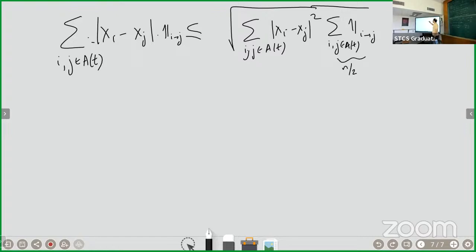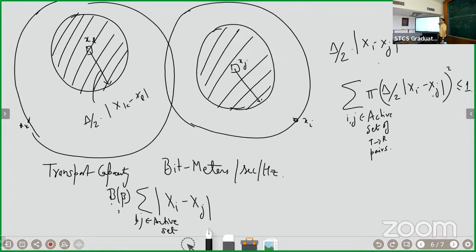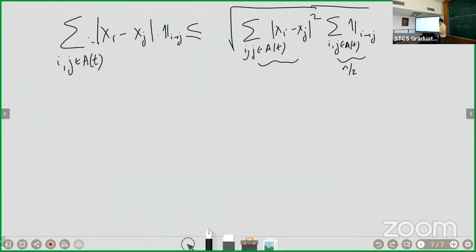This is at most something times 1. It could be smaller than 1. How much is it? Just 1 by square root of pi delta. So this is at most that. Where is it coming from? Okay, it is not important.